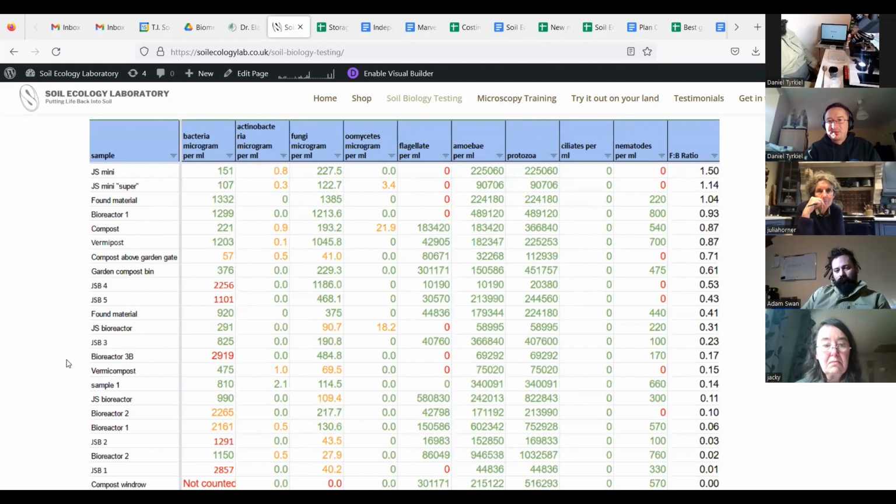We're also measuring indicators of not so good conditions, and these would be represented by the overwhelming presence of actinobacteria or not so beneficial fungi, which we would call oomycetes, and then ciliates. And on the nematode side, you'll also be looking at the presence of root-feeding nematodes or potato cyst nematodes, for instance, things that you don't want to see in the soil.